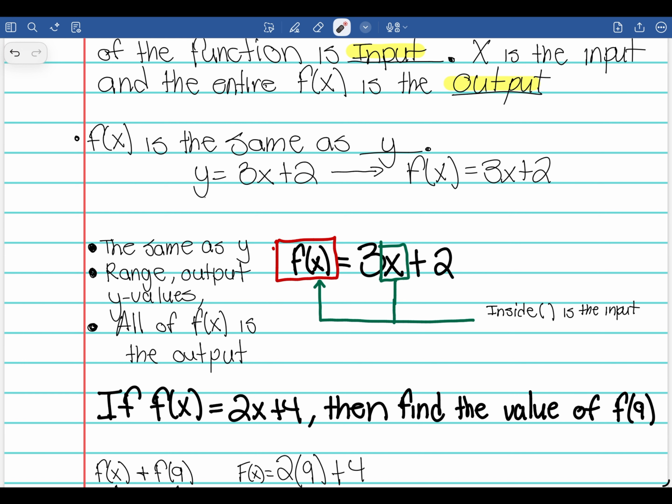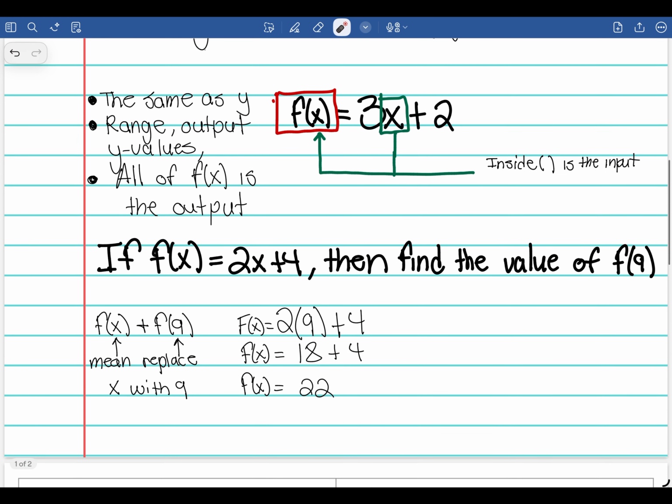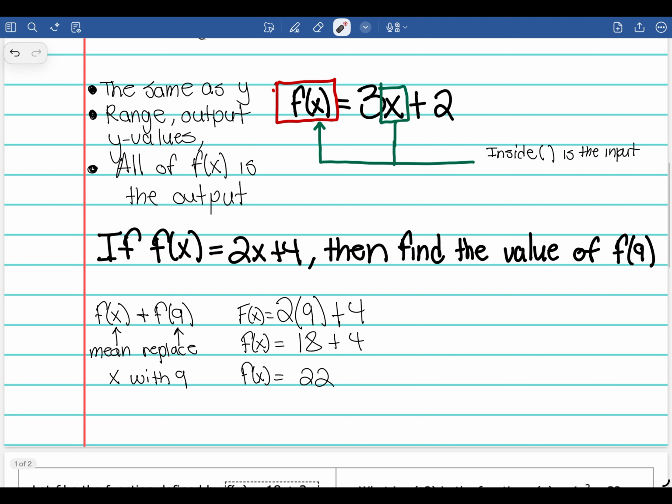Okay? So just to give you an example of what I mean, here we have an example. It says if f of x equals 2x plus 4, then find the value of f of 9. F of 9. Now if you notice that they put this 9 on the inside of the parenthesis, and if we compare it to the other one, this x here, really what they're saying is that 9 is x.